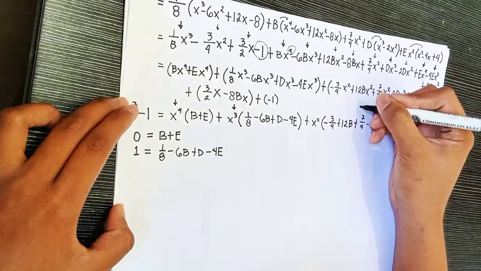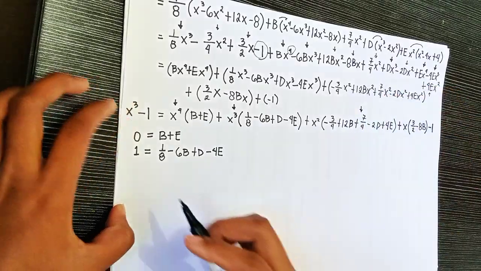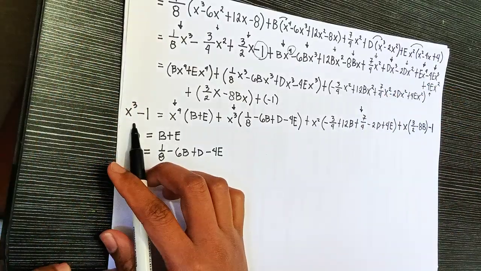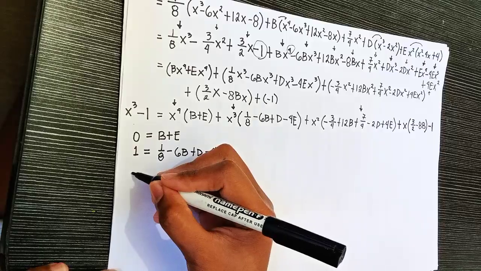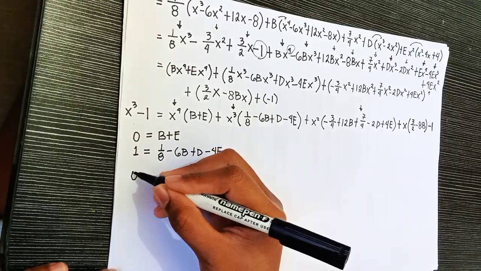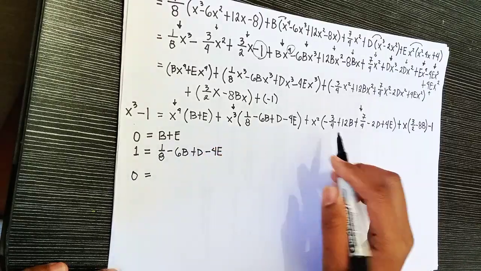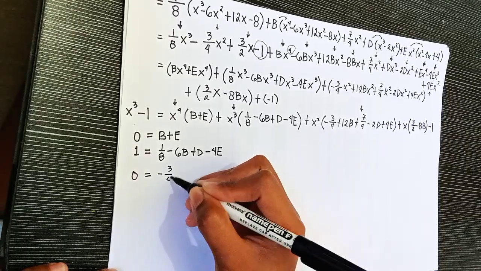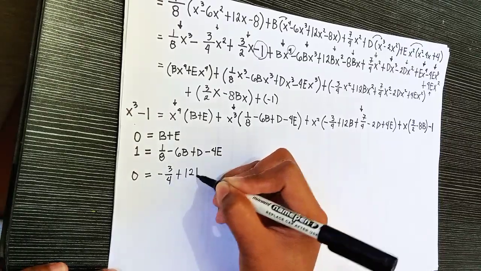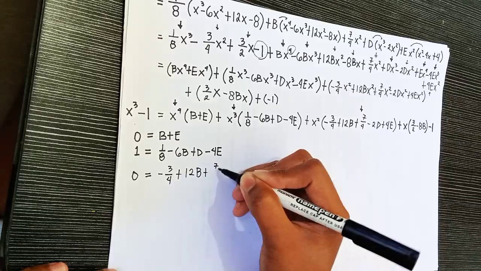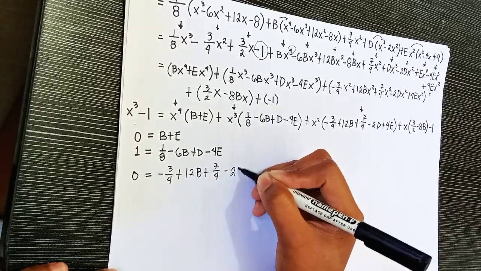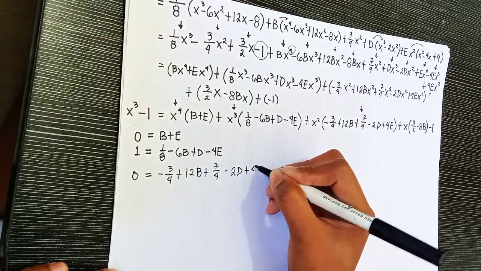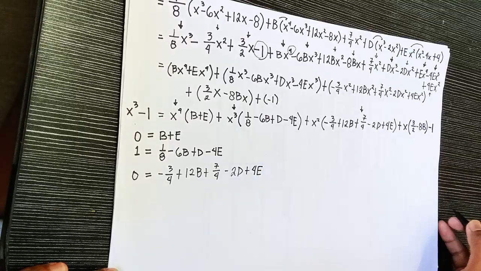Then, dito naman kay x squared, since wala tayong x squared dito sa left side, so ang numerical coefficient niya is ulit, that would be 0. Then, dito naman sa right side, we have negative 3/4 plus 12b plus 7/4 minus 2d plus 4e.